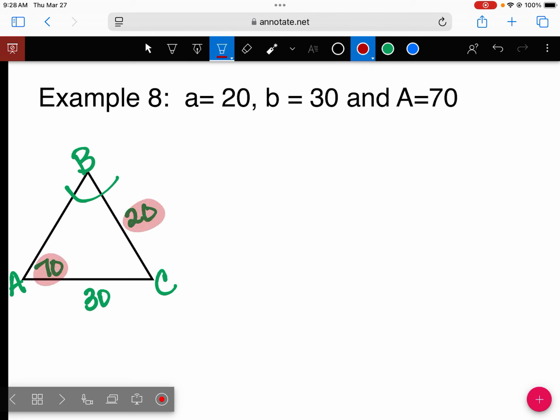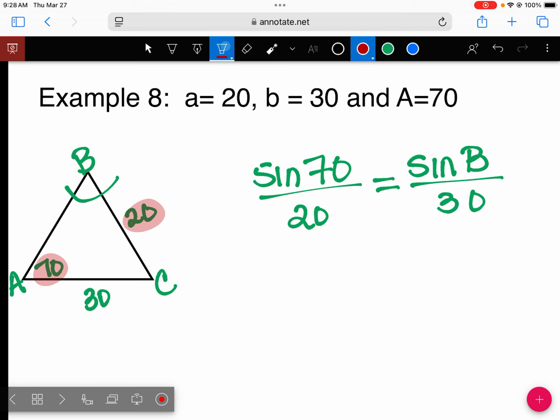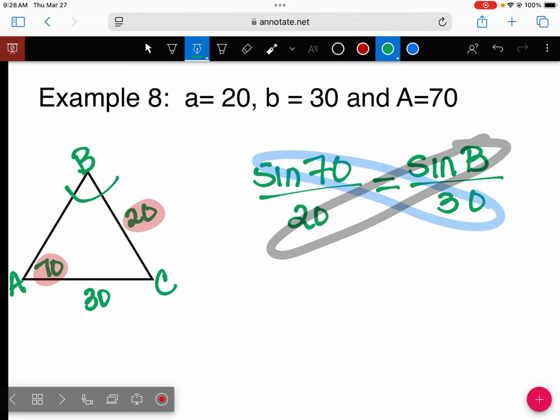And then we would have the sine of 70 degrees over 20 is equal to the sine of angle B over 30. So when we cross multiply this direction and multiply this direction, we have 20 times the sine of angle B equals 30 times the sine of 70.